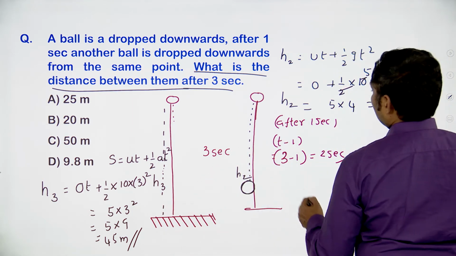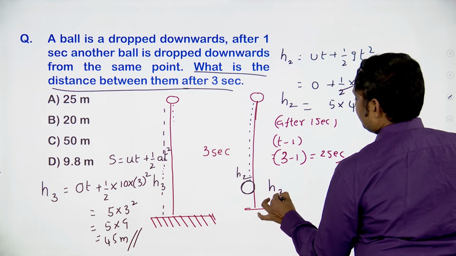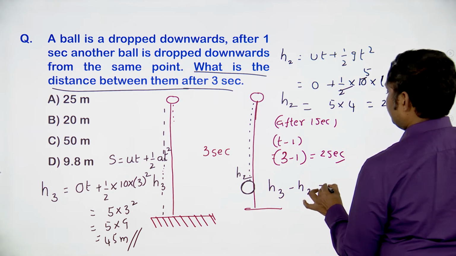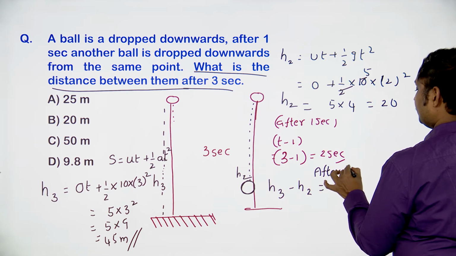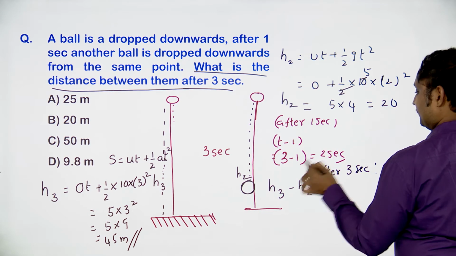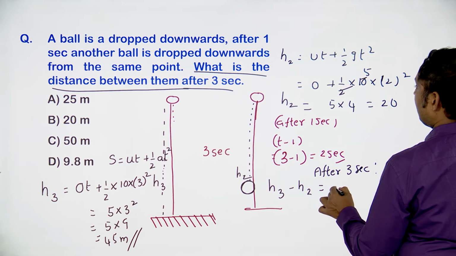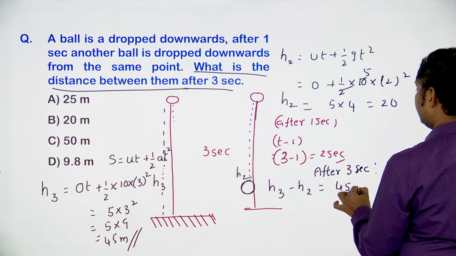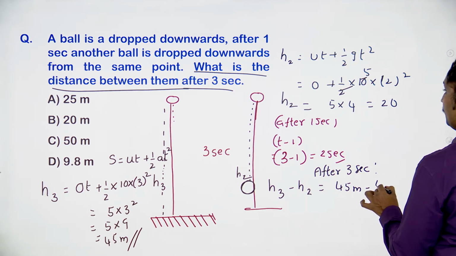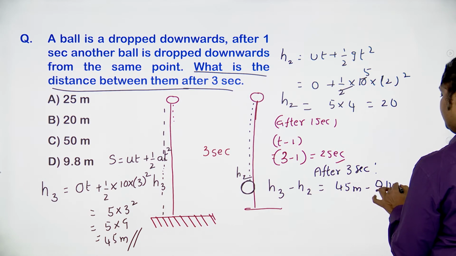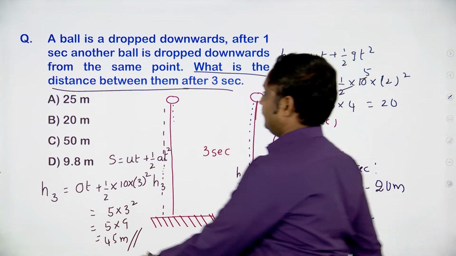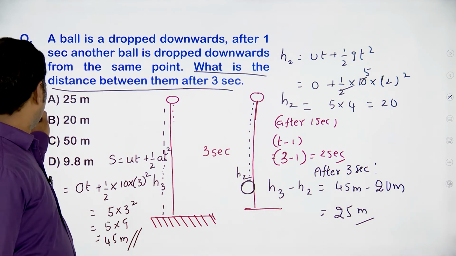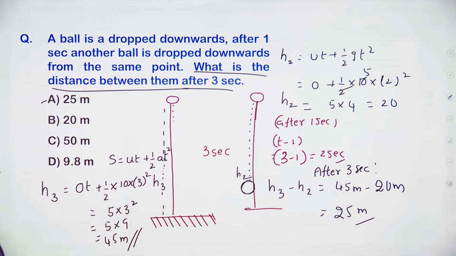After 3 seconds, that is nothing but h3 minus h2. The distance between these two balls is going to be 45 meter minus 20 meter, that's going to be 25 meter. It's very clear. Everybody has to look into that matter. Please note down. And we would like to go for the next one also.